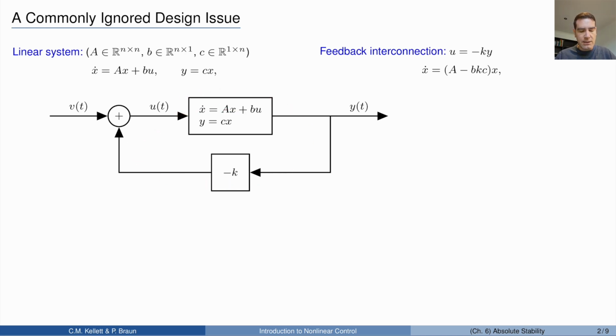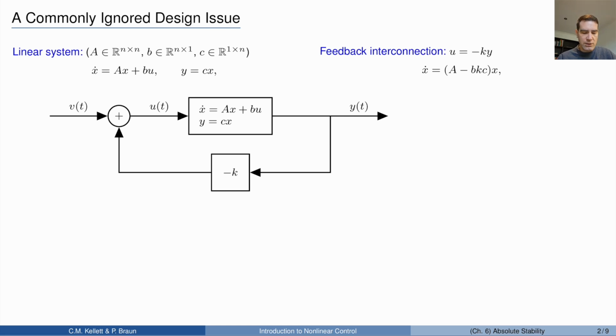For simplicity, single input, single output linear system, where we can design a feedback gain K and design it in such a way that our closed loop system without reference signal here is asymptotically stable, has an asymptotically stable equilibrium at the origin, or then we can stabilize a reference point by selecting a different reference value here. So we have seen how to do that in chapter 3, how to design the feedback gain K here.